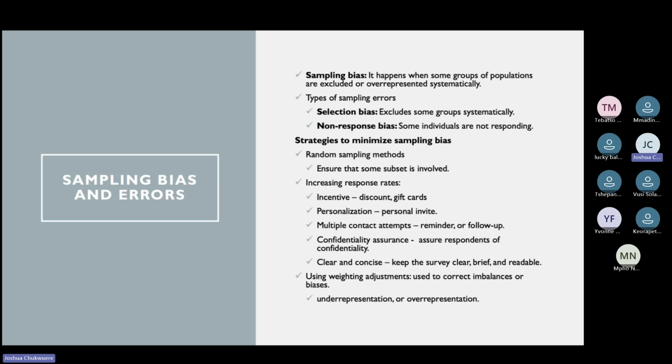And then also doing a personalized invite. Guys, remember, these are things you can also face in your research. But you need to remember that this is how you can mitigate some of these challenges which come as a result of sampling bias. Also, implementing personalization, having a personalized invite and multiple contact attempts.